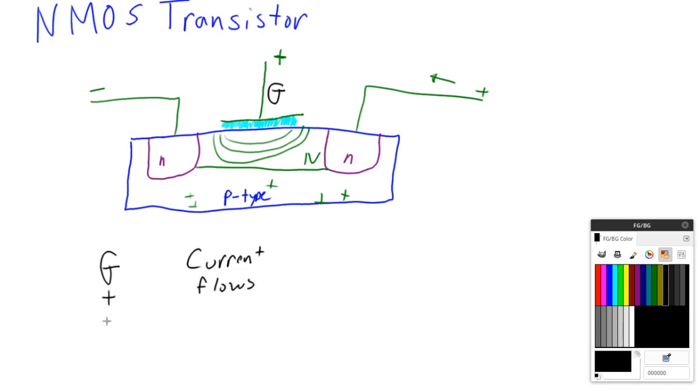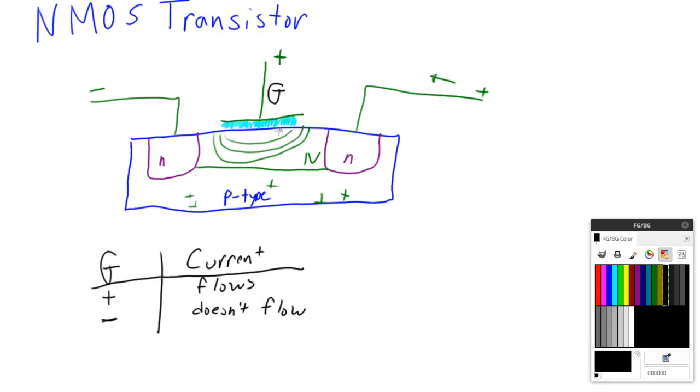If our gate is a minus, then it doesn't flow. So this is kind of our behavior here.